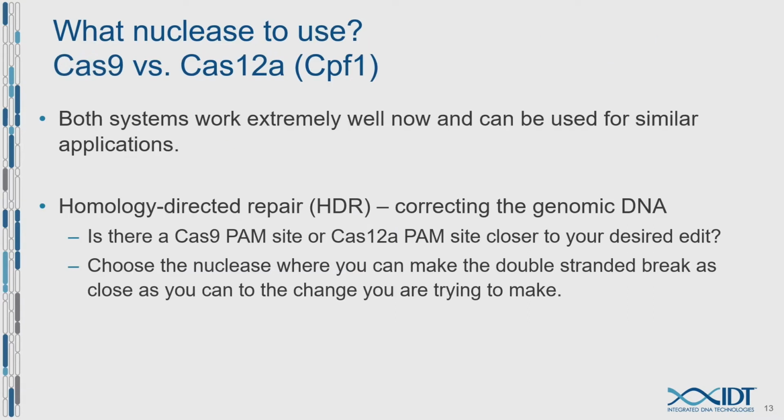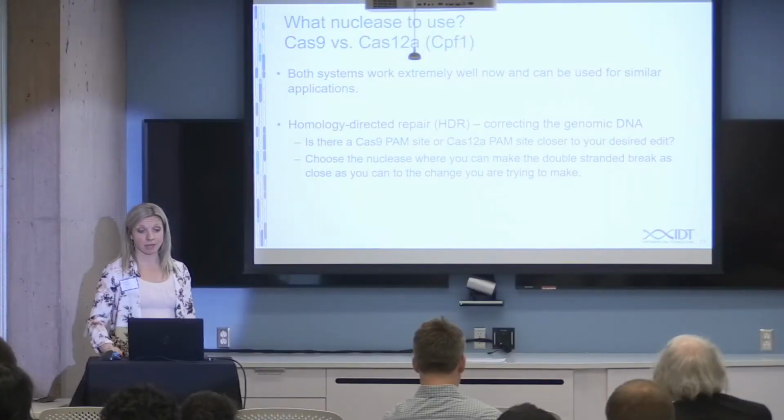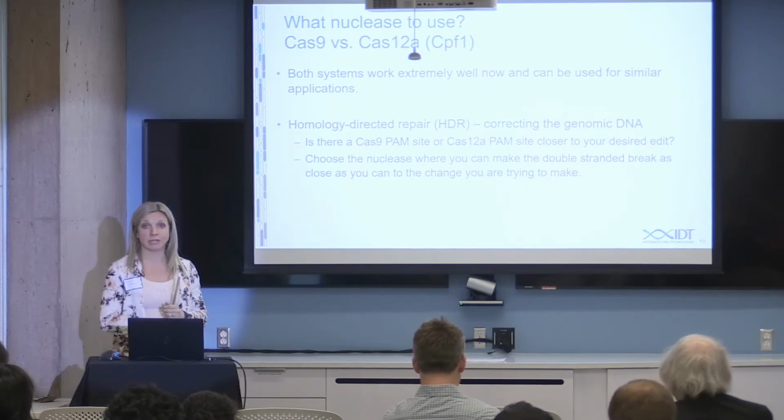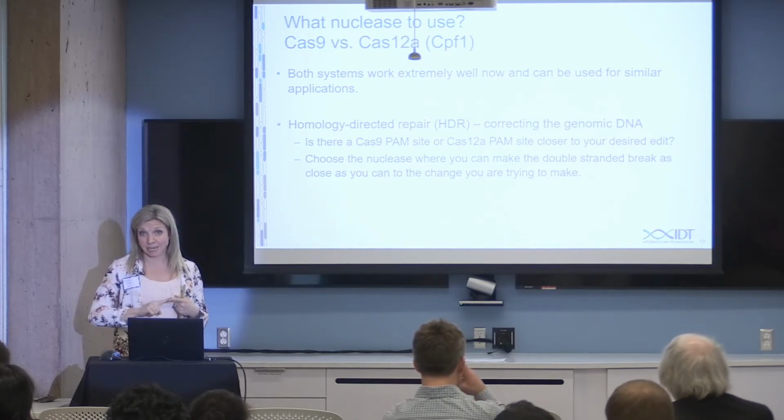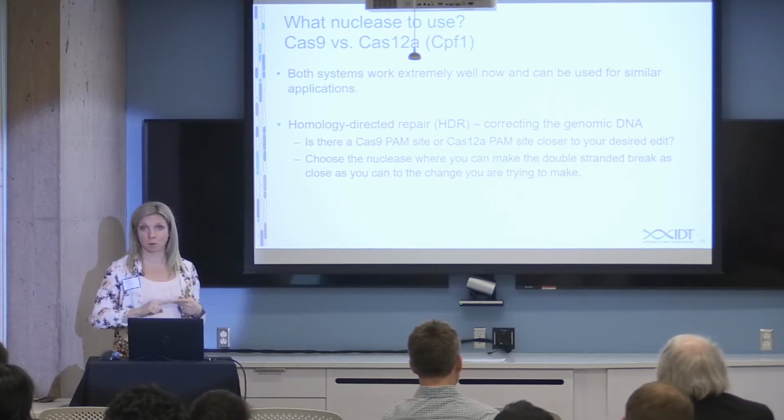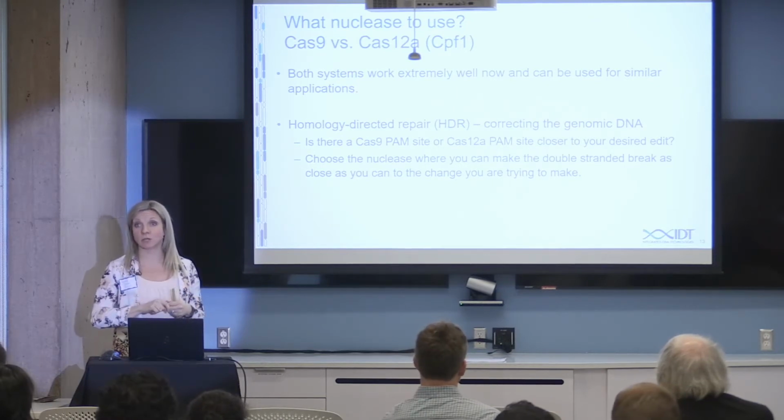So how do you choose which one to use? They both work extremely well now, especially using Ultra. What we find driving our decision is homology-directed repair, when you're going in and correcting a gene and looking to see where you want to make that correction. If there's a Cas9 PAM site, so an NGG, or a Cas12a PAM site, a TTTV, closer to your edit, we choose that one.